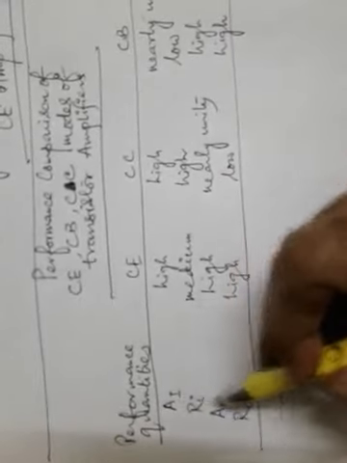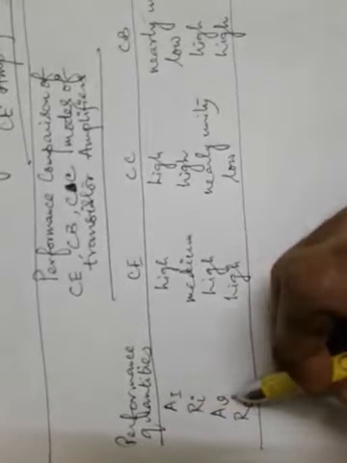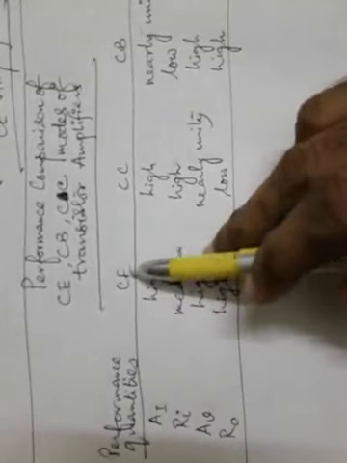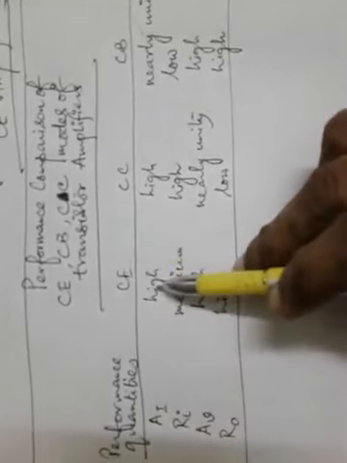So current gain, input resistance, voltage gain and output resistance. Now for common emitter mode, the current gain is high. These are generally observed going by different experimental facts, analytical observations and mathematical calculations. As per those, this table has been made ready.